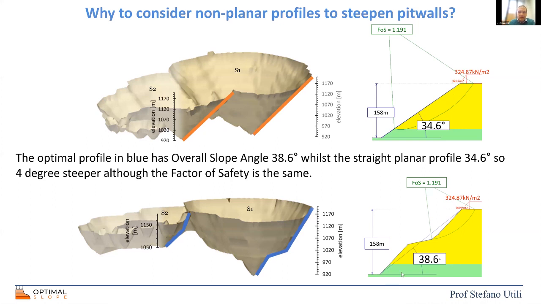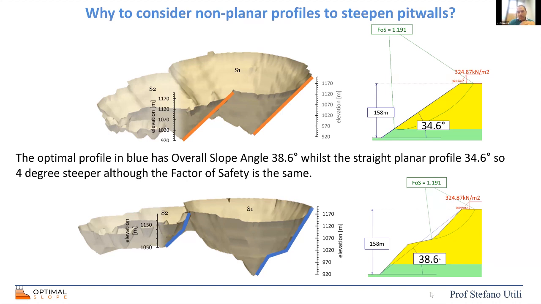Here instead we have the same mine, obviously the same material in terms of stratigraphy, and the only difference is the shape. It's partly concave and partly convex, but this shape is an optimal shape, and I'm going to define what optimal means.